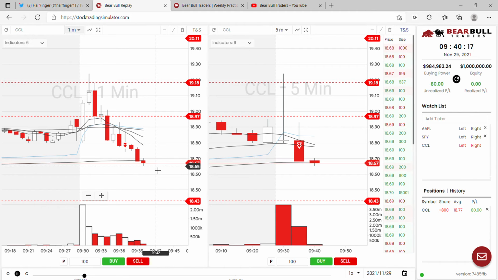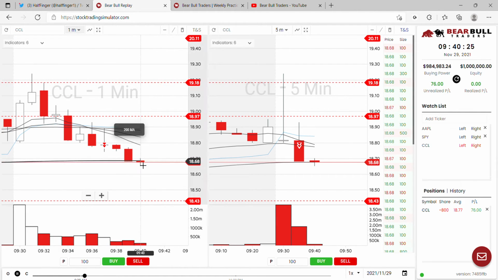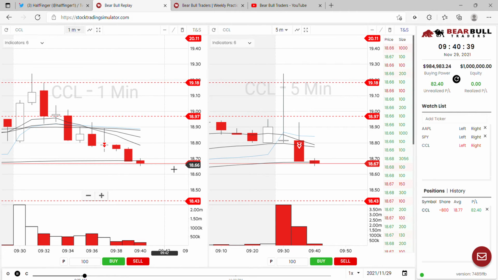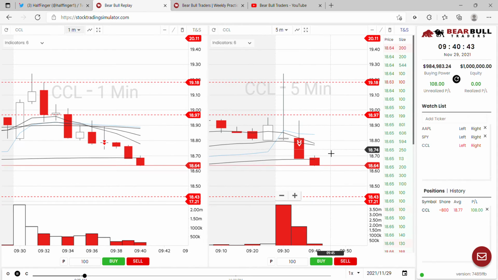I usually start to partial out of my trades when I have the equivalent of one risk move. So I have 25 cents here, so I want 25 cents down. So that means around 18.50. And when I take my first partial, I always move my stop to the break even.